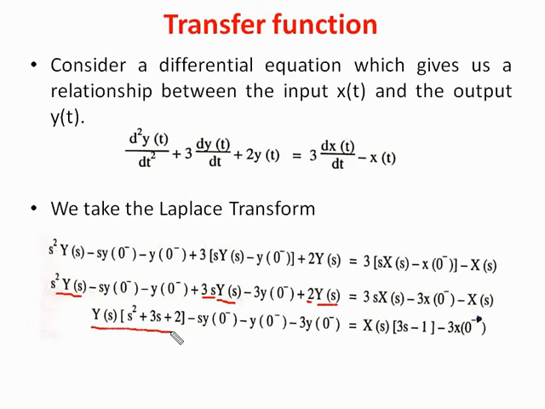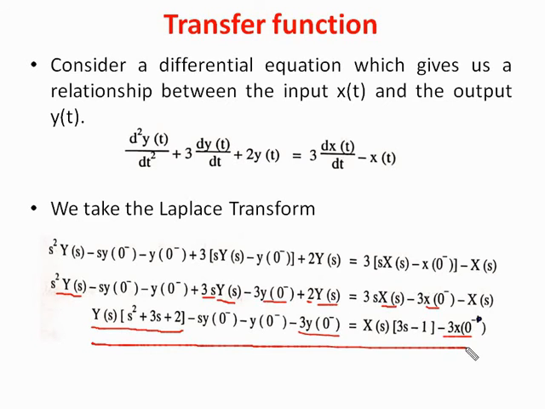So this term becomes this, and s y(0) remains the same, and 3y(0), equal to, if we take X(s) common, X(s) in bracket 3s minus 1, minus 3x(0) as it is.